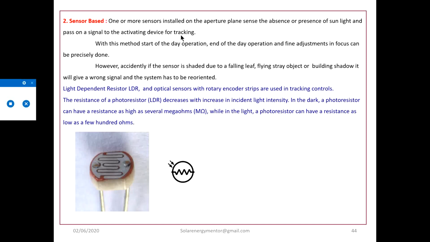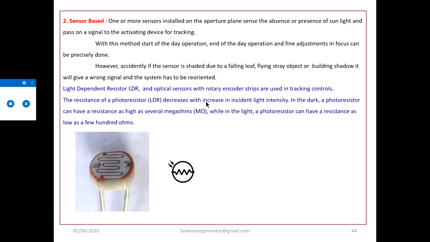If the sun is there, they will move. If the sun is not there, they will not move. So some logic is developed depending on the shadow and presence of sunlight. With this method, the start of the day operation, the end of the day operation, and fine adjustment in focus can be precisely done. With the sensor-based method, these are the advantages.